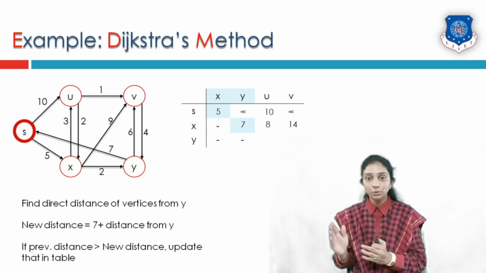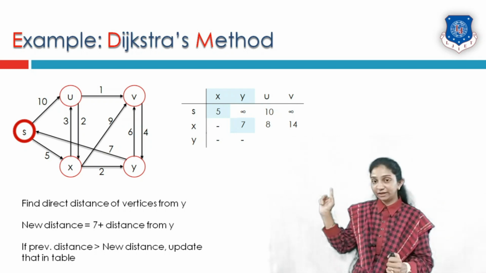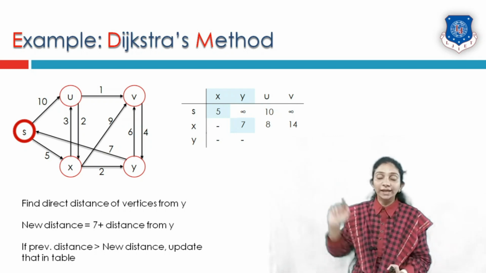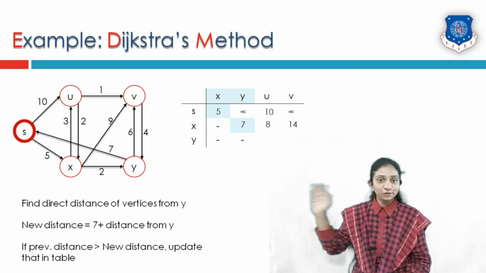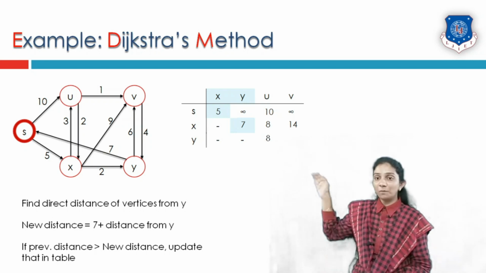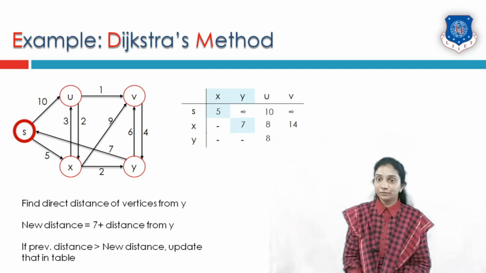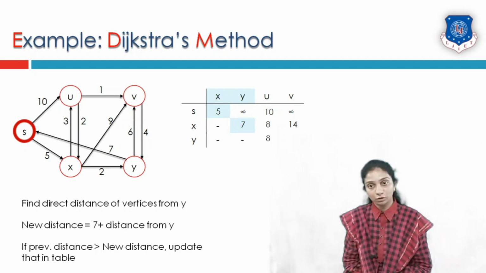Distance from Y to U: is there any direct path present from Y to U in the graph? There is no direct edge from Y to U. So we will directly copy its value from the above cell. So here 8 will get copied.